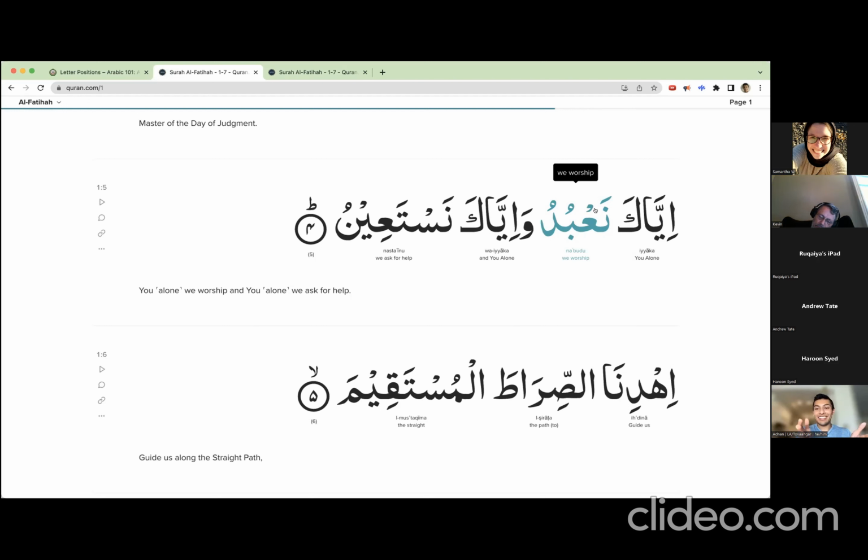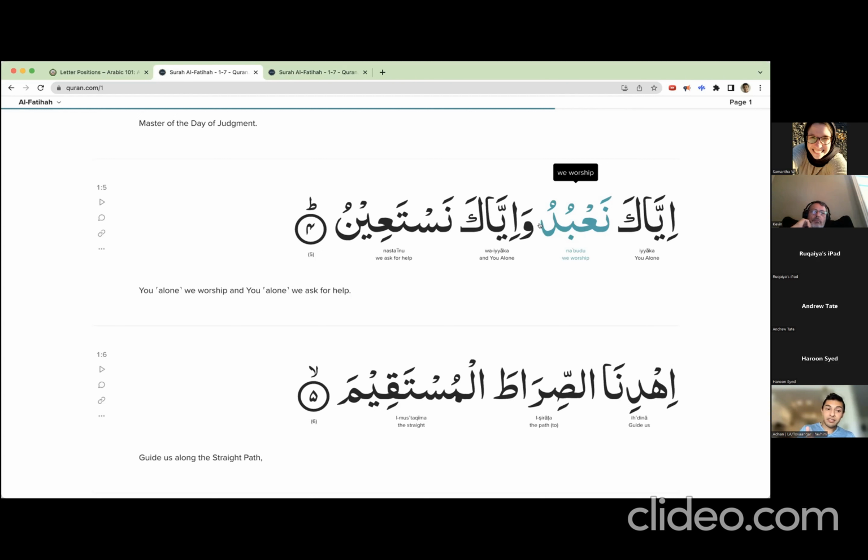Ta'budu, you worship, or she worships, or ya'budu, he worships, right? So in a present tense verb, the first vowel is the actor, na'budu. And then the object pronoun often comes at the end. If I say, we worship you, na'buduka. Ka is the object pronoun for you.